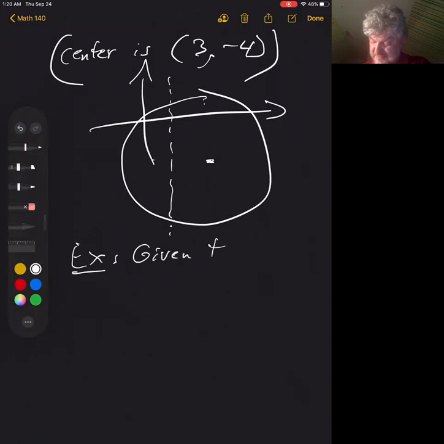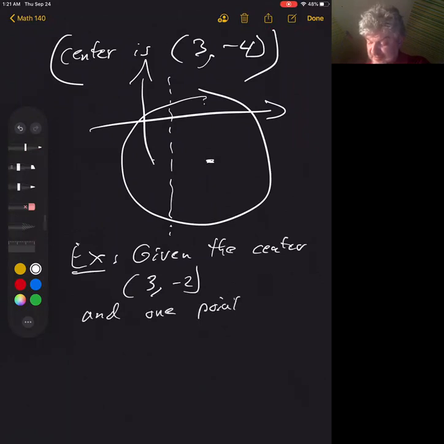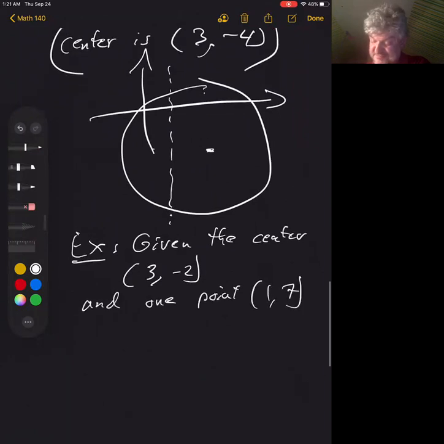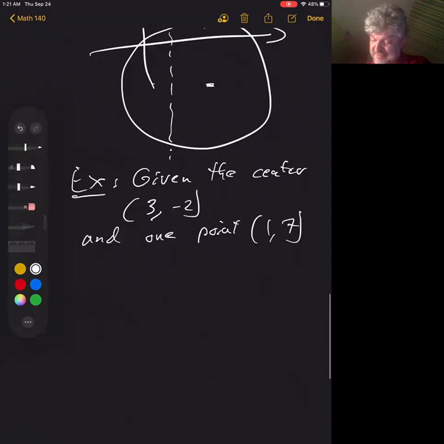Given center, which could be (3, −2), and 1 point, which should be (1, 7), because I say so.